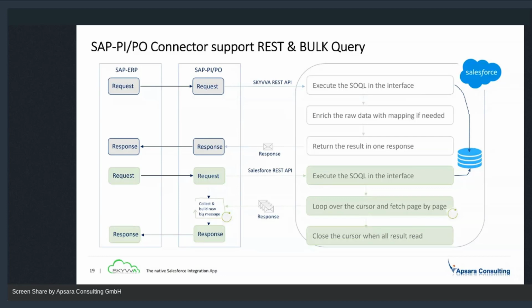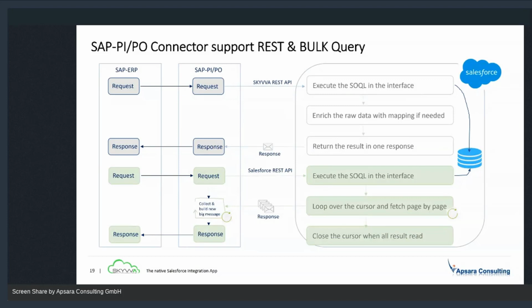Therefore, we can overcome the governor limit, because the governor limit exists only in Salesforce. Here on the SAP-PI side, it is an on-premise system running on a dedicated server. If you have a problem, you can extend the RAM, extend the disk, or change the parameter to accept more heap size.